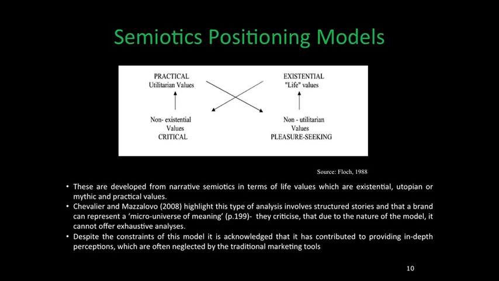The second group of models that we identified are from a semiotic perspective, and the semiotic square was developed over time and goes back to about 1979, by Greimas, Courtés in 1979, and Floch in 1983, using very principled typologies. These are the utilitarian and existential values that develop from a narrative of semiotics in terms of the life values, which are existential, utopian and mythical, and finally, the practical values.